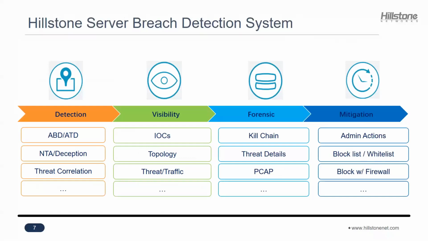At the same time, we also provide what we call forensic analysis. This includes detailed information of the threat, capturing PCAPs if necessary, and conducting some threat hunting in conjunction with other threat intelligence and other sources.